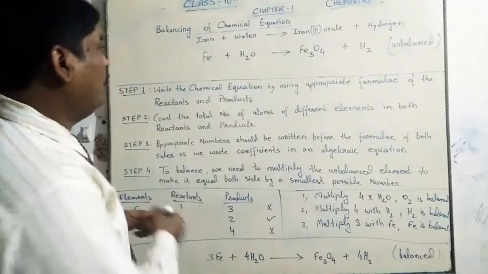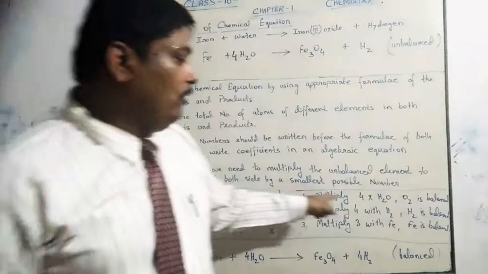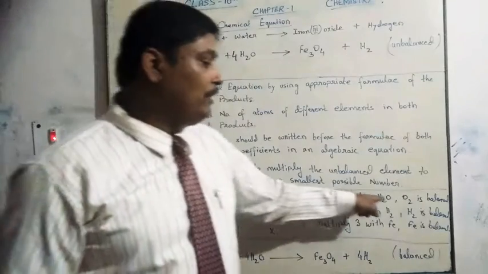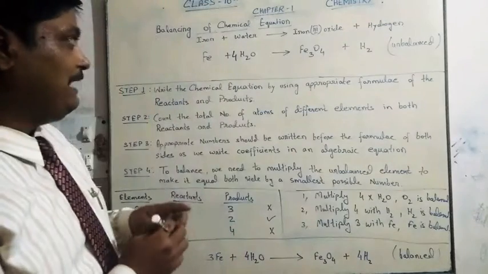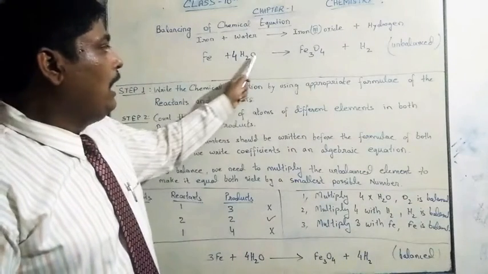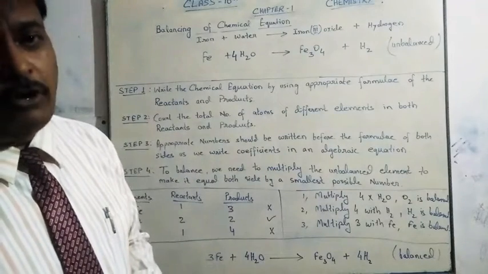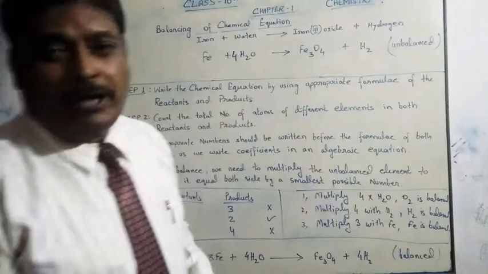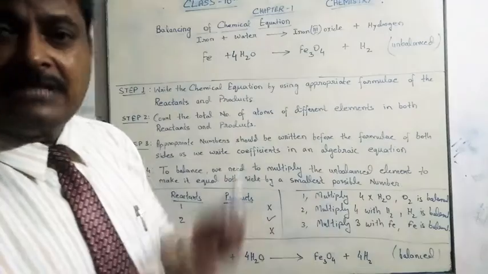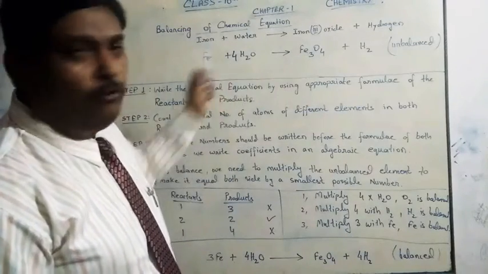Now if we put 4 over here, that is, multiply 4 with H2O, oxygen is balanced. You can see here oxygen is 4 and oxygen in the product is also 4. It means the number of oxygen atoms in the reactants and in the product are balanced on both the sides. Oxygen 4, again oxygen 4.